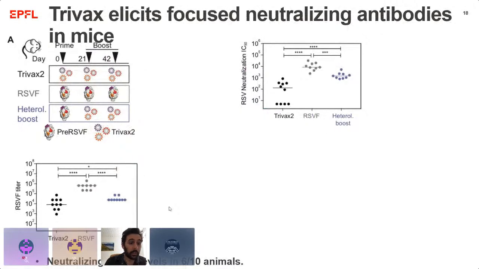So we started by doing tests in mice. Here, I'm showing you 3 different antigen groups. One of them, Trivax2, was just immunized with the de novo designed antigens. A second group, labeled RSVF, is a positive control group that was immunized with a viral protein.